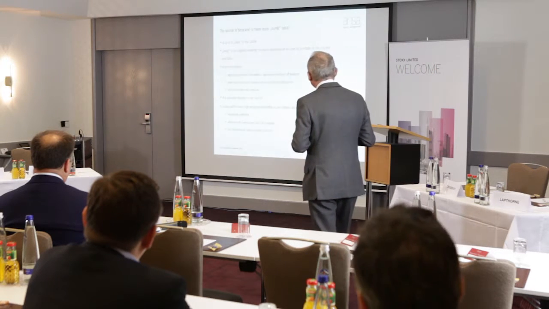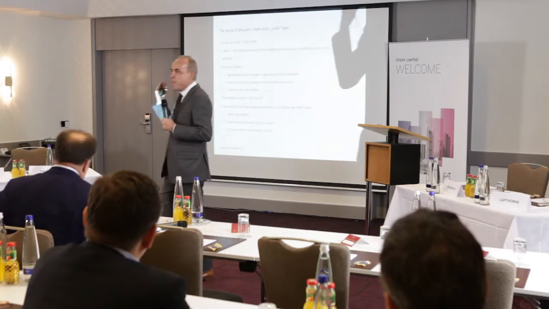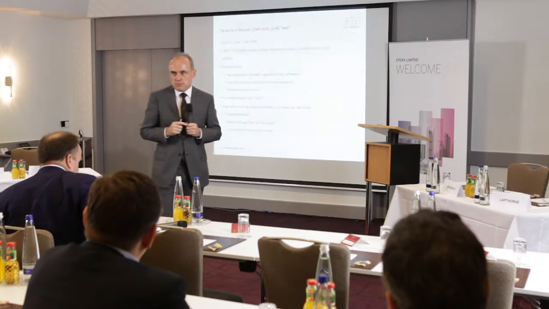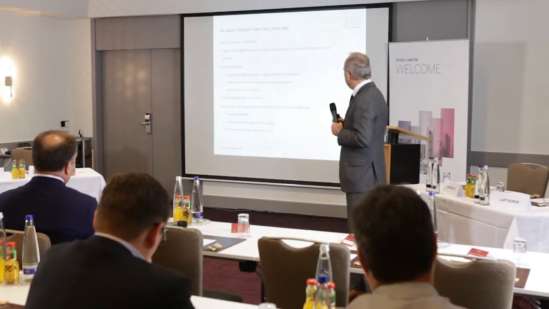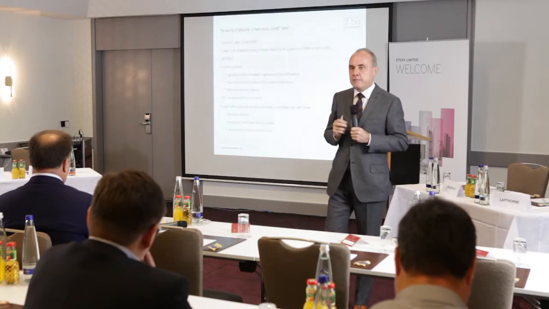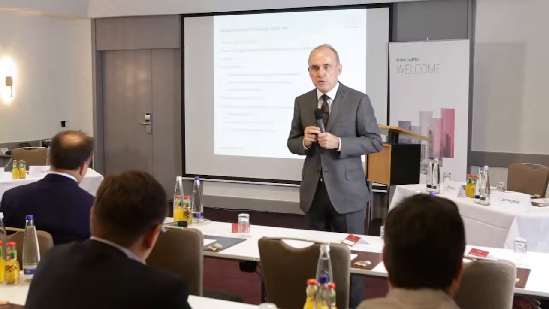Let me start by giving some thoughts. What is beta all about? The word beta came up in the 60s when a couple of people invented the capital asset pricing model. And beta, in its original meaning, was the sensitivity of an asset or a portfolio to the overall market portfolio.